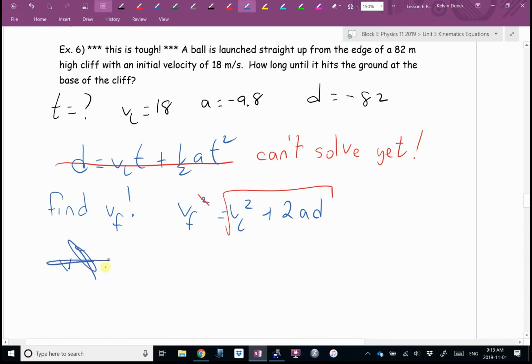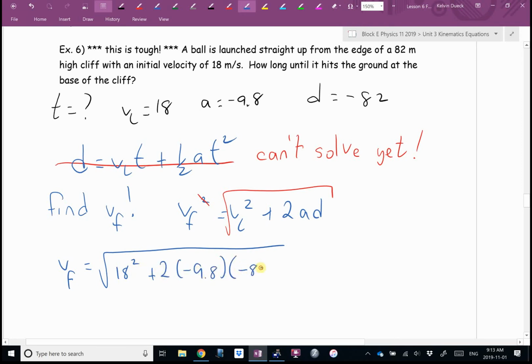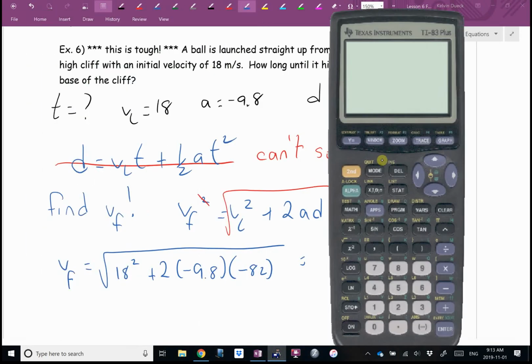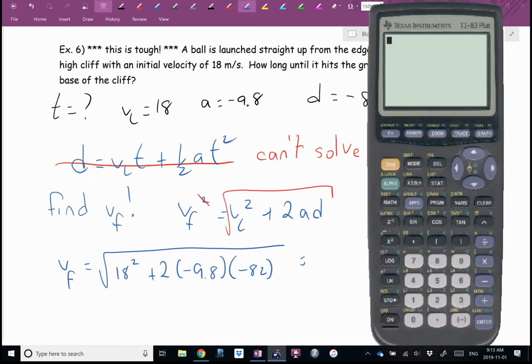Oh, there we go. I'm back. Boy. VF equals the square root of 18 squared plus 2 times negative 9.8 times negative 82. 18 squared plus 2 times negative 9.8 times negative 82, square root, answer button.